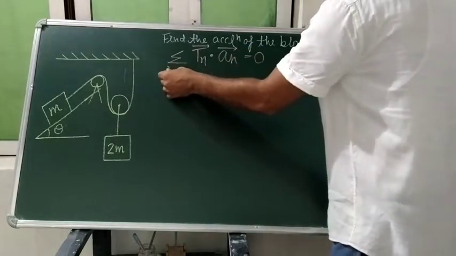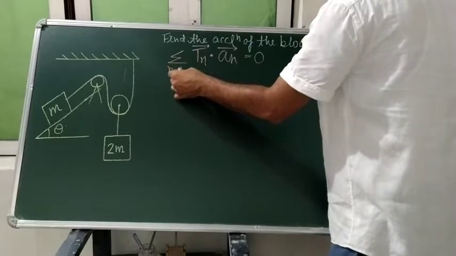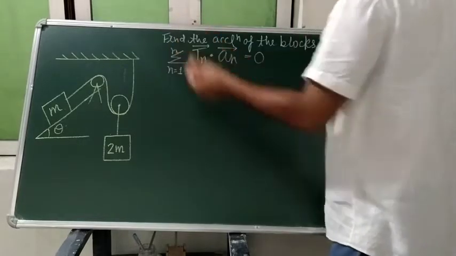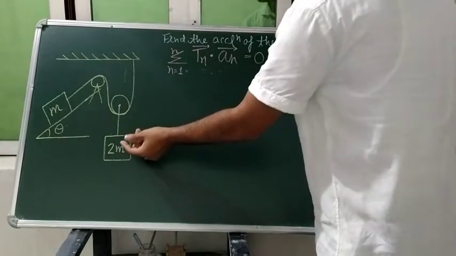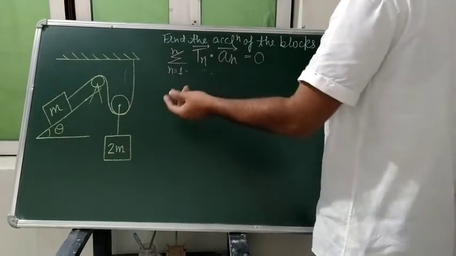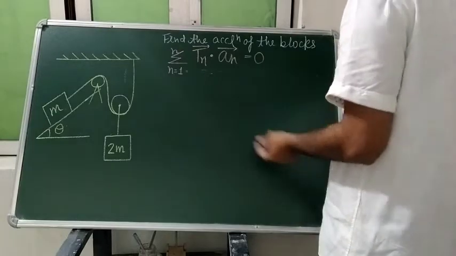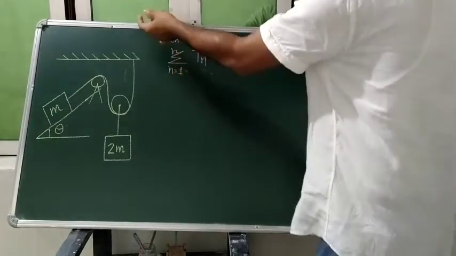Here n can go from 1 to n, whatever number of objects you want to write, you can write.